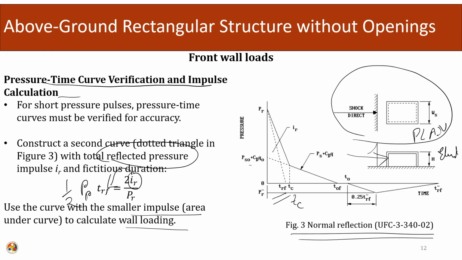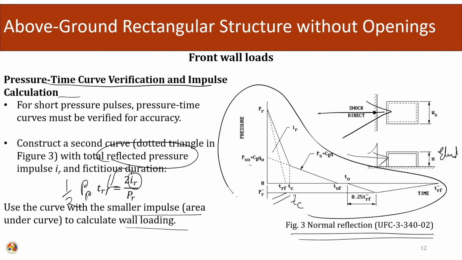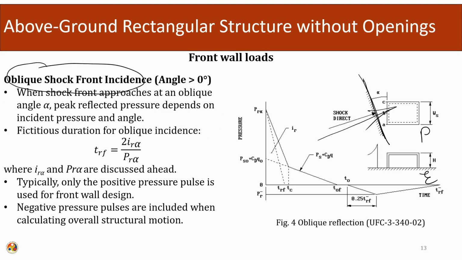In our last treatment we saw that the shock front is acting directly on the structure, and this was the constructed equivalent pressure time curve. Now, the pressure front is moving at a given angle. So, again we have a similar type of treatment.